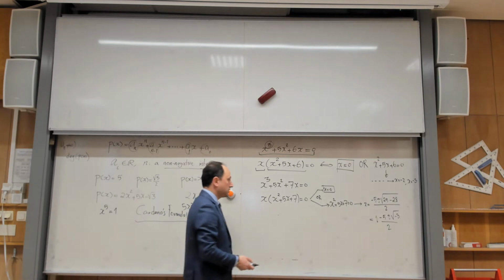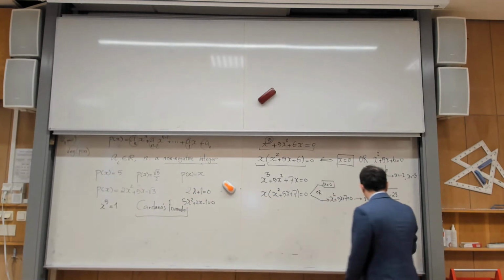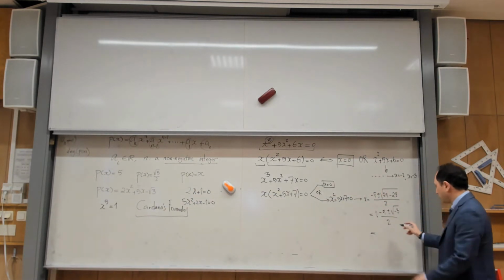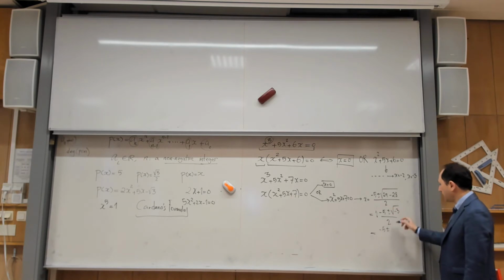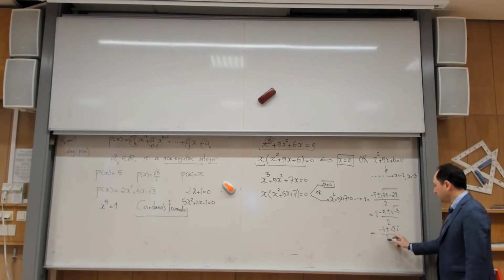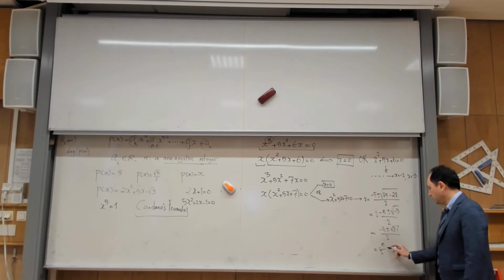Yes? What are the answers? Let me just write them down. In complex numbers, it becomes -5 plus or minus, instead of that, I would write the square root of 3 times i, divided by 2. So there are 2 answers: -5 over 2, either plus or minus the square root of 3 divided by 2 times i.